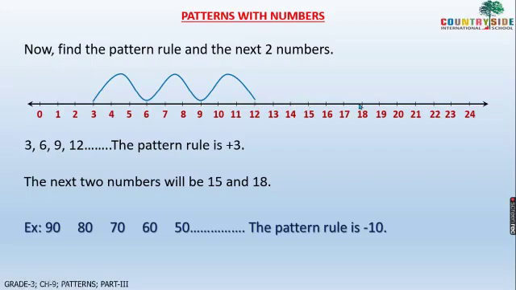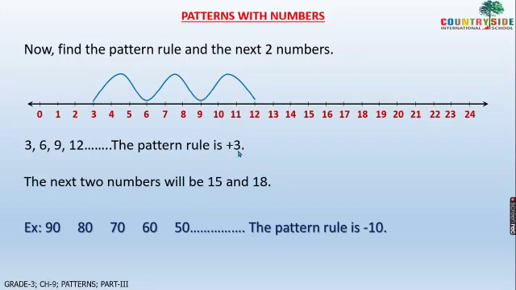So children, here what will be the pattern rule? The pattern rule is plus 3. Why 3? Because 1, 2 and 3, after 3 numbers you are getting that number. Here also 1, 2 and 3, after 3 numbers you are getting the number. So the pattern rule is plus 3. Now why plus 3, children? Because we are moving ahead, we are going forward.